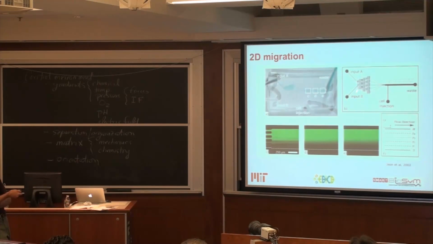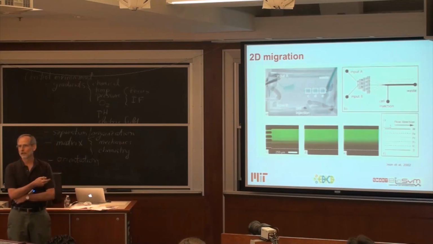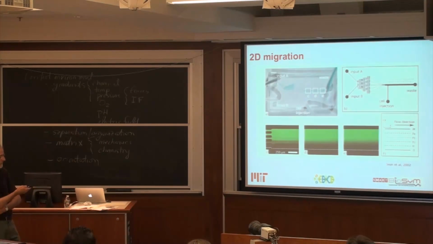All they did is develop this serpentine pattern upstream. They put, say in this case, a blue dye in input A and a clear dye in the bottom. By the time it gets down here, after going through this pattern, you have a nice, well-defined chemical gradient. That's been used quite a lot for people looking at chemotaxis, migration on a two-dimensional surface under the action of a biochemical gradient.